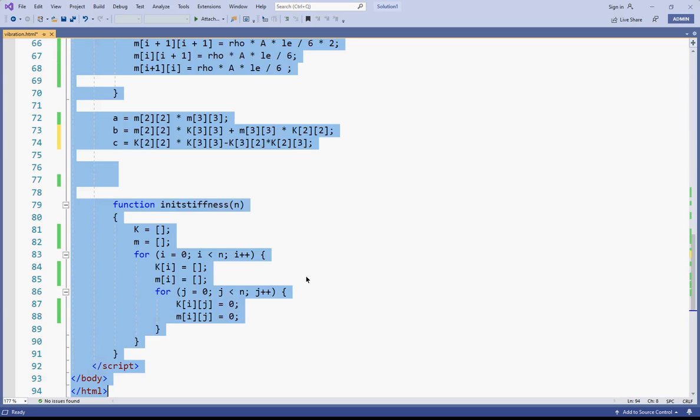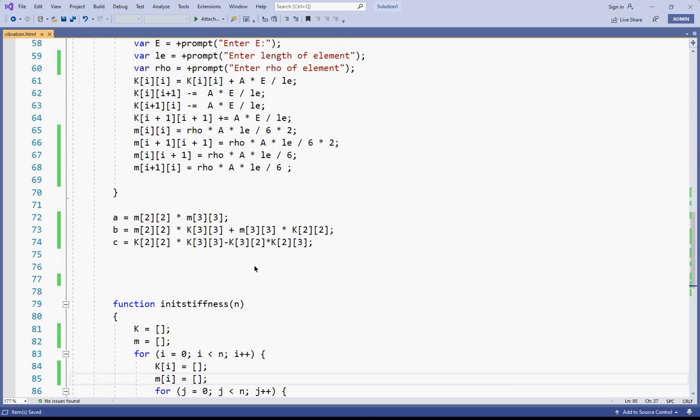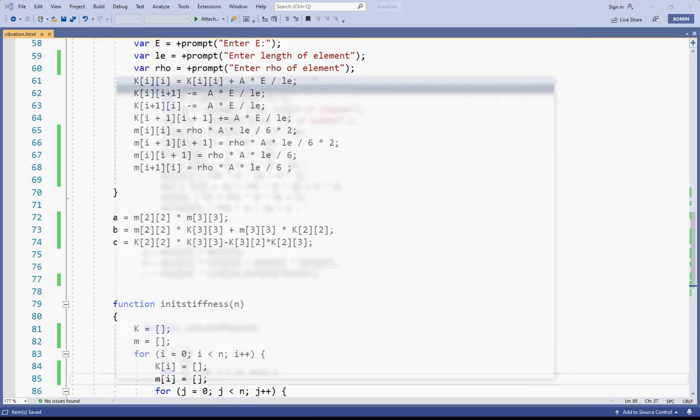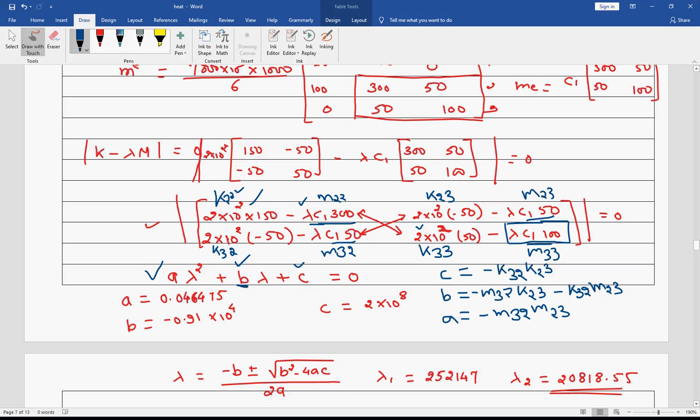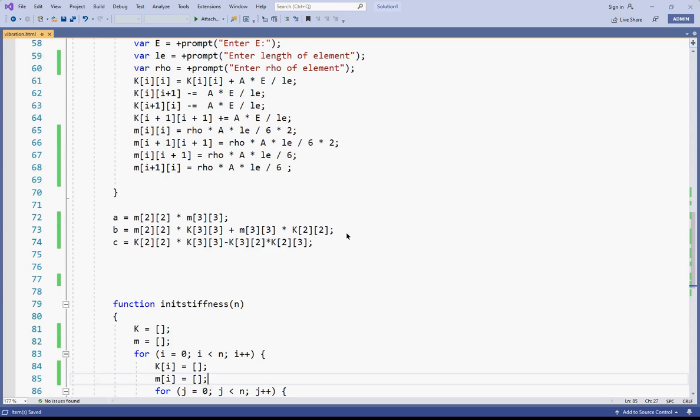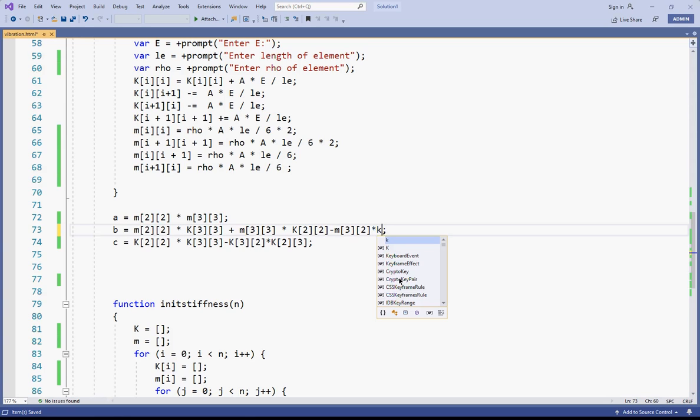That's done. K32 and K23. Now for B, M32 and M23, so 32 and 23, minus M32 into K23.